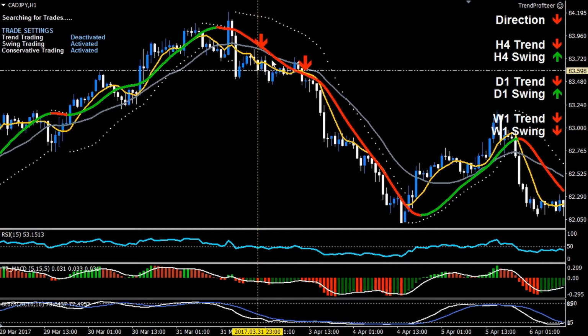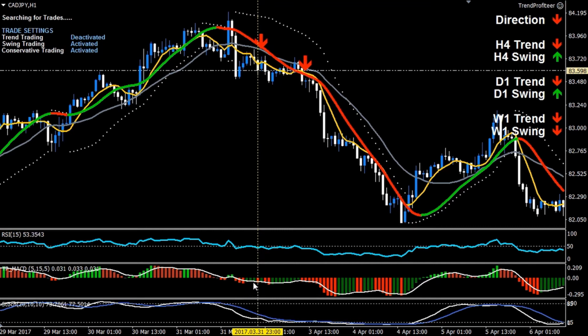Of course, Trend Profiteer displays it on the opening of the following bar. First of all, we need to have an overall trend direction of down, which it is in this case. 4 out of the 6 high time frame indicators are pointing down, and you need at least 4 or more to have an overall trend direction of down. The trend follower must be red, the yellow moving average must be below the gray moving average, the price must be below the yellow moving average, and the RSI must be below the 50 line.